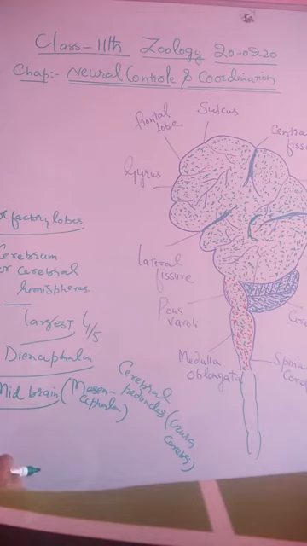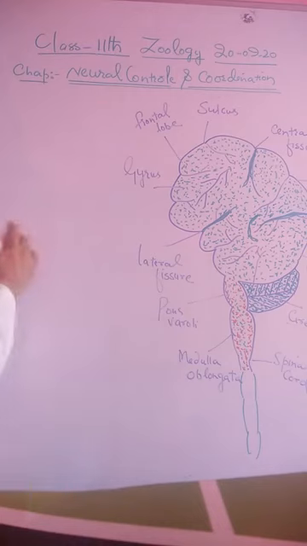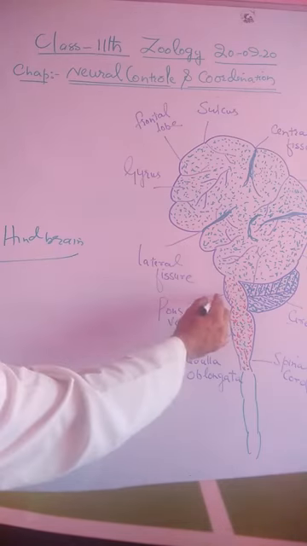So far as the hindbrain is concerned, the hindbrain is the third part of the human brain. Hindbrain contains the little brain or cerebellum, the medulla oblongata, and the third part is the pons varolii. This is pons varolii.